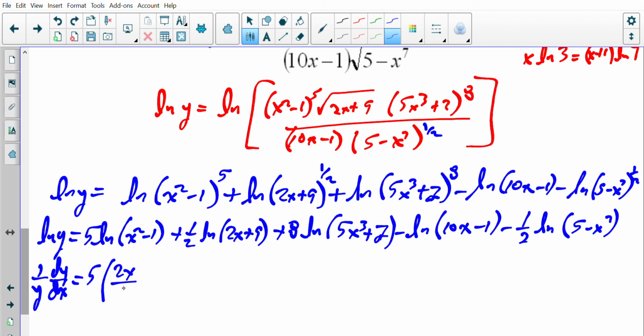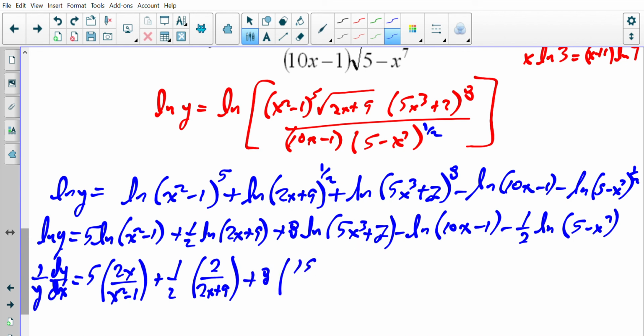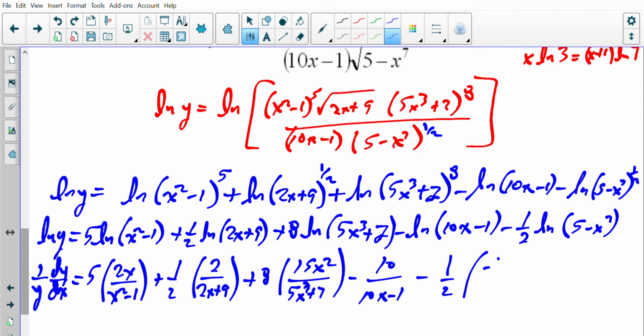So du over u, easy. 1/2, constant stays in front, du over u, so 2 over 2x plus 9, plus 8, du over u, 15x squared over 5x cubed plus 7, minus du over u, minus 1/2 du over u, so negative 7x to the 6th over 5 minus x to the 7th.